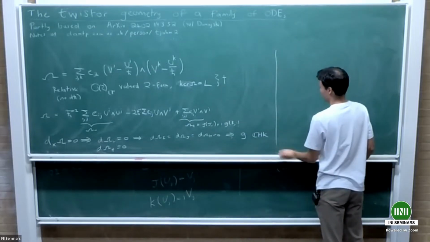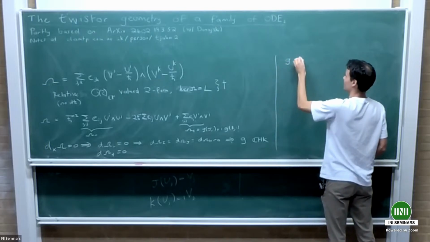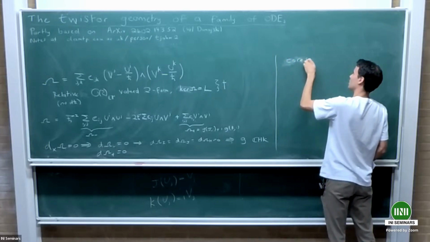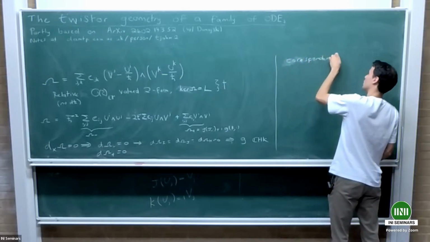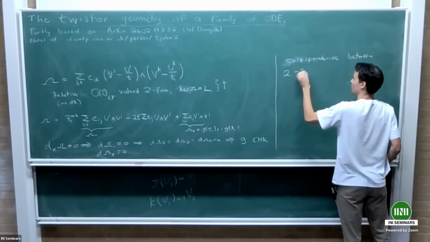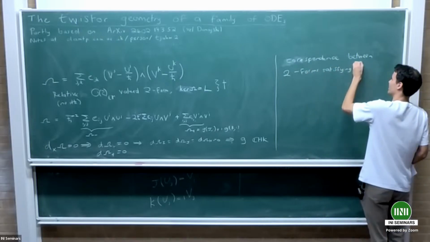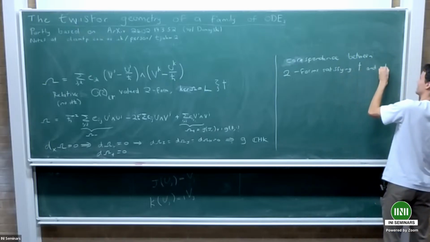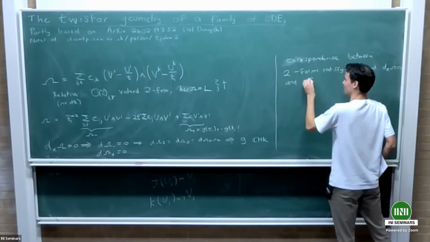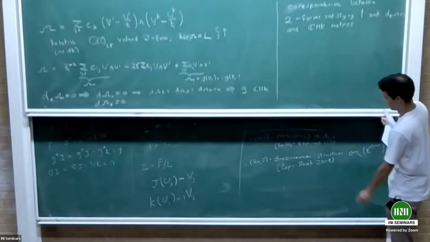And then basically there's a correspondence between two forms satisfying dagger and also dx closure and complex hyperkähler metrics in this family.